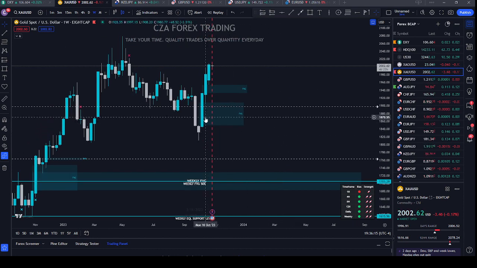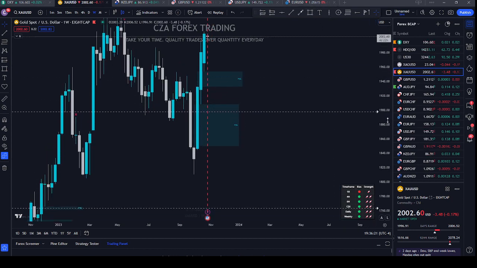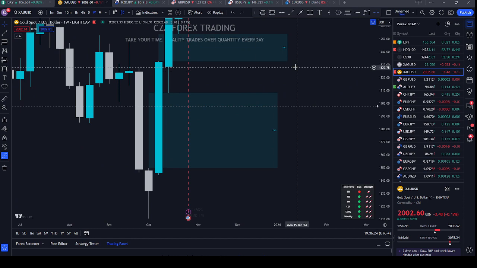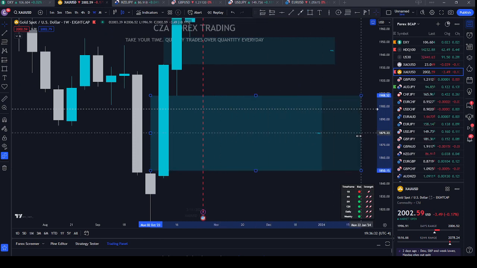We have another weekly fair value gap right over here that was done the 9th of October. Let's zoom in real tight on this one. And then I'll go over the coordinates with you guys right now.